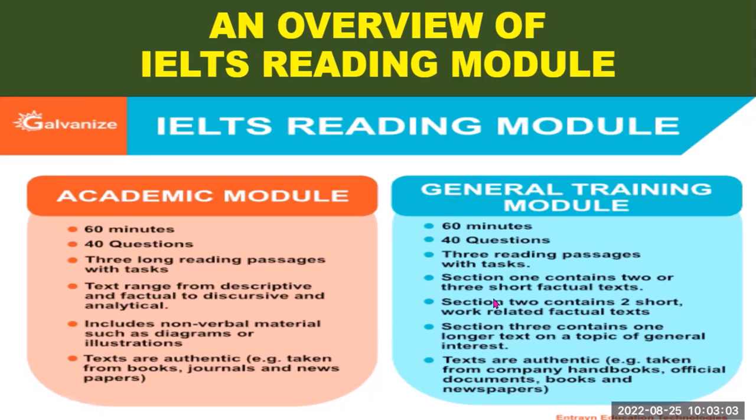Then, in the general training module, the reading test, Section 1 contains 2 or 3 short factual texts. Section 2 contains 2 short work-related factual tests.